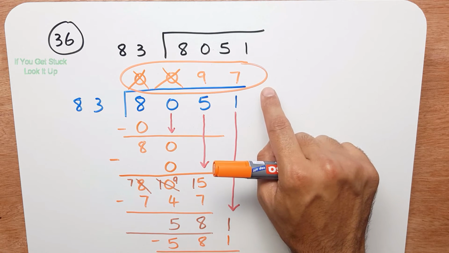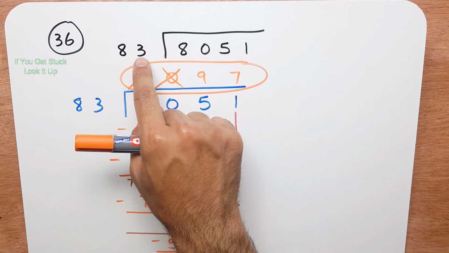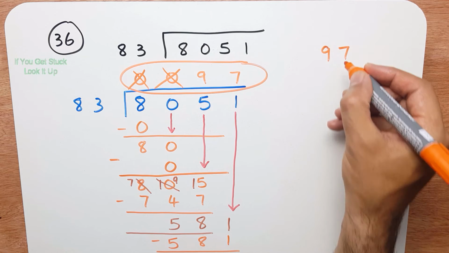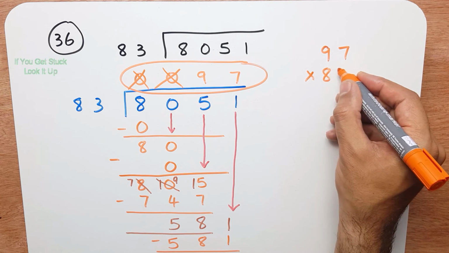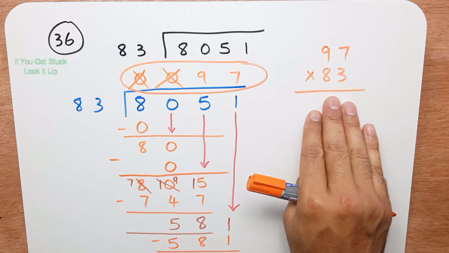Now what I want to do is do a quick check. I want to do 97 times 83 to see if it gives me that number. So 97 times 83. What I'm going to do is do the grid method.